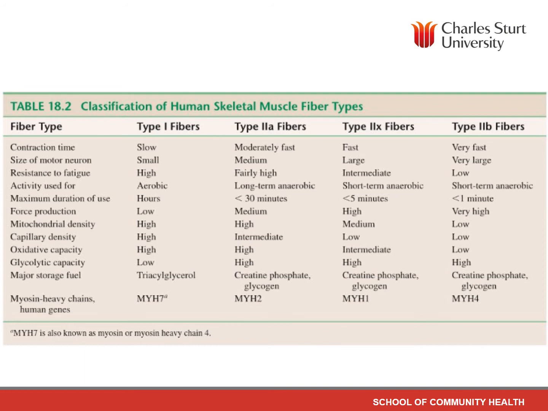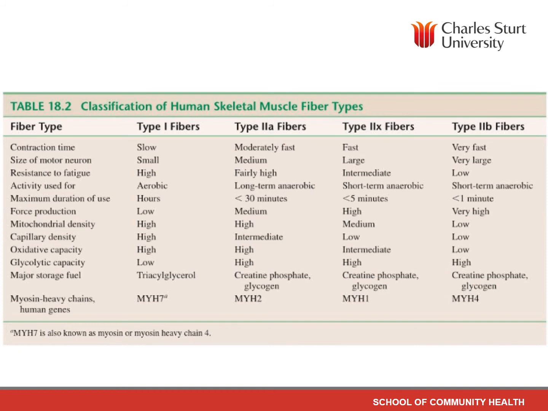Now, the rest of this table refers to the main substrates and generation of ATP for these muscles. If we consider type 1 fibers, they're highly adapted for oxidative phosphorylation.